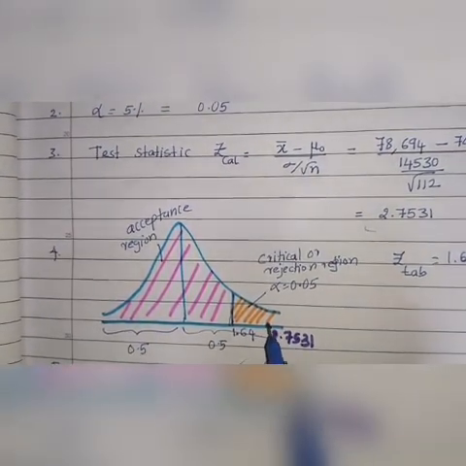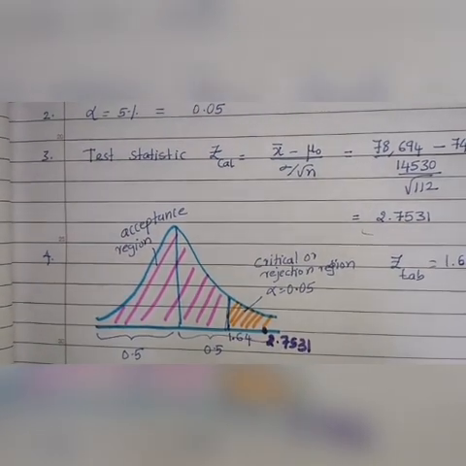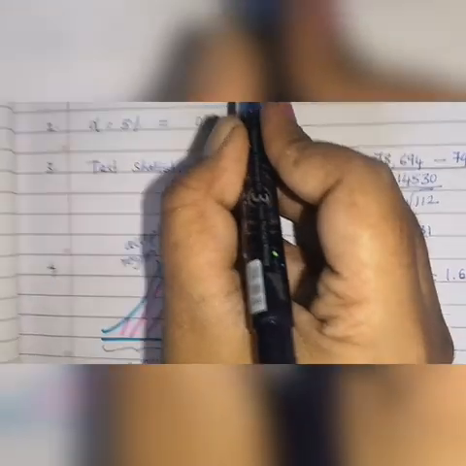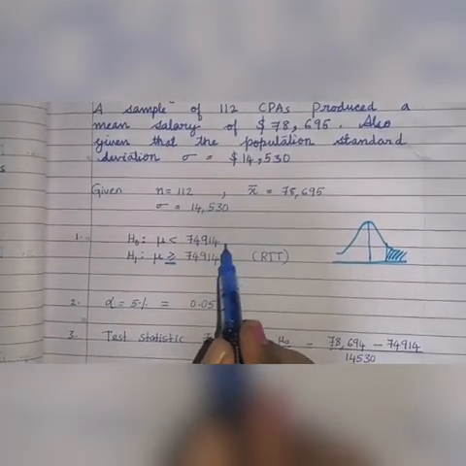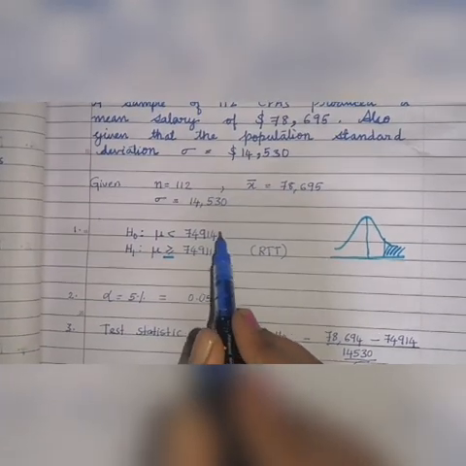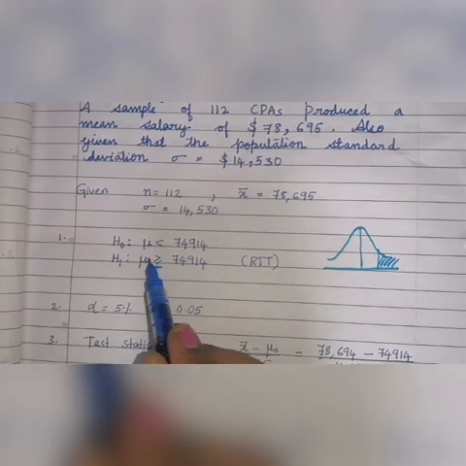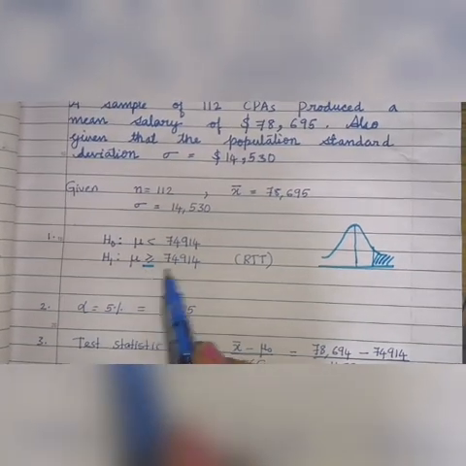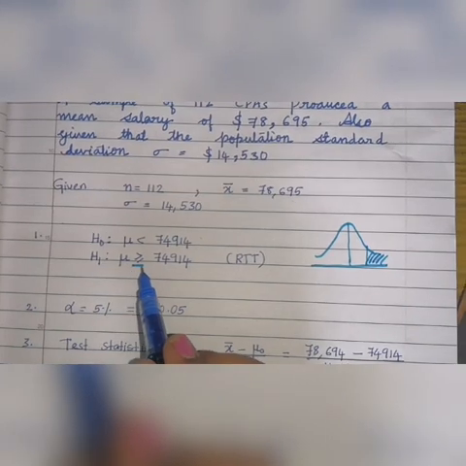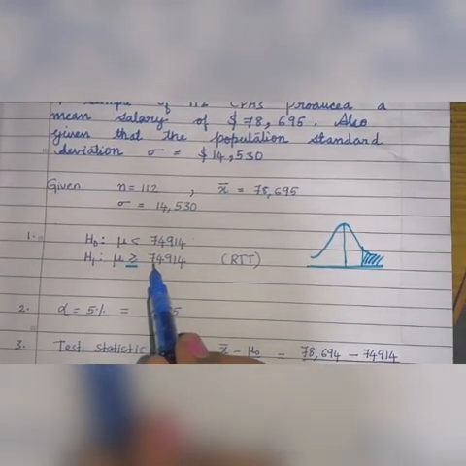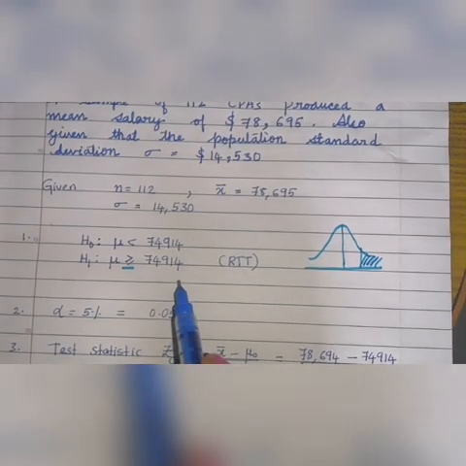If it is falling in the rejection region, we reject the null hypothesis, and we say that this null hypothesis is false. We cannot accept it. That means the only option we have is to accept the alternate hypothesis. Hence we are accepting that our population average salary has increased more than $74,914.